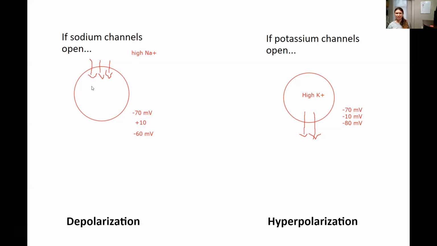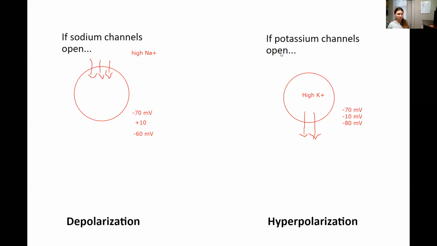So it's making the cell less polarized, right? Because we can see here at the beginning, it's bringing us closer to zero. That's how I like to remember it. It's kind of like removing this polarization from the cell. Although we'll see that depolarization actually does then become positive a little bit as we go towards our sodium equilibrium potential.